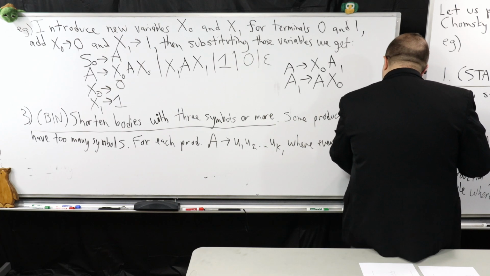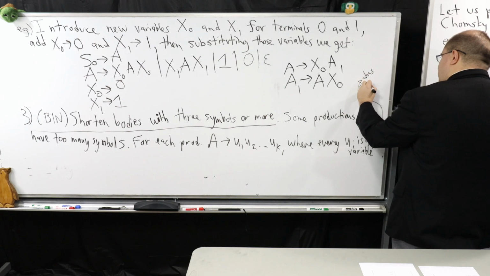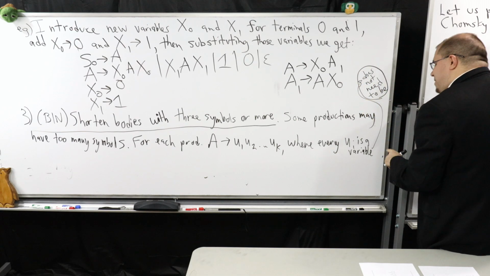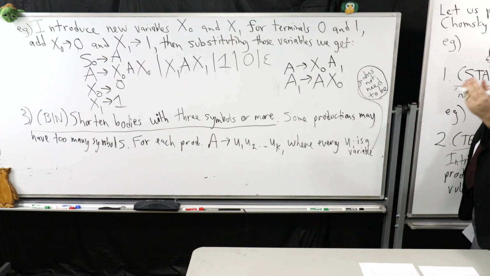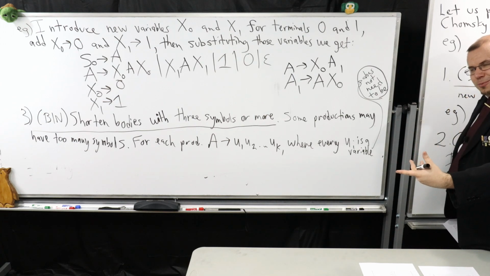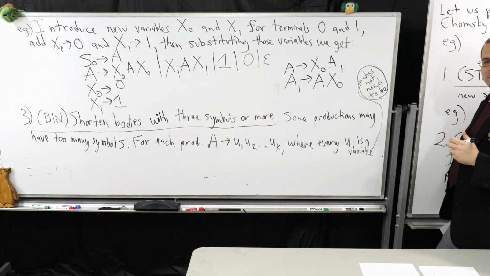I must stress that it doesn't have to be a variable for this process. But in the context in which I'm demonstrating that you can build a Chomsky normal form out of any context-free grammar, it will be a variable.